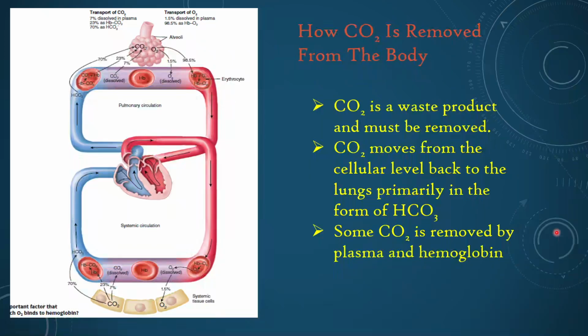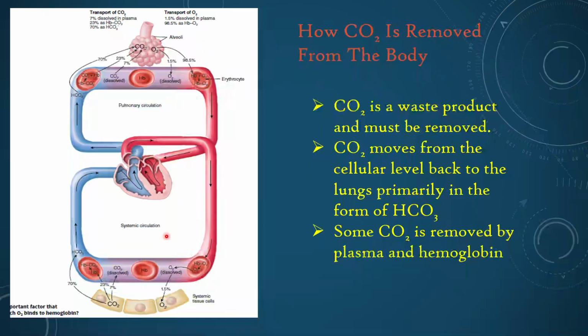We need to be thinking of carbon dioxide as a waste product, and it must be removed. If we do not remove this, carbon dioxide is going to convert to hydrogen, and we're going to have acid. Carbon dioxide moves from the cellular level back to the lungs, primarily in the form of HCO3, which is called bicarb.